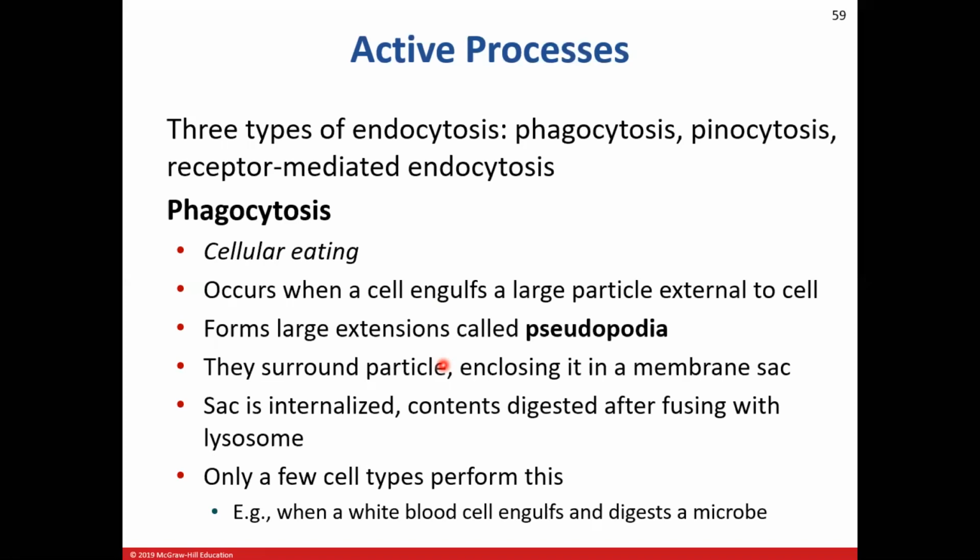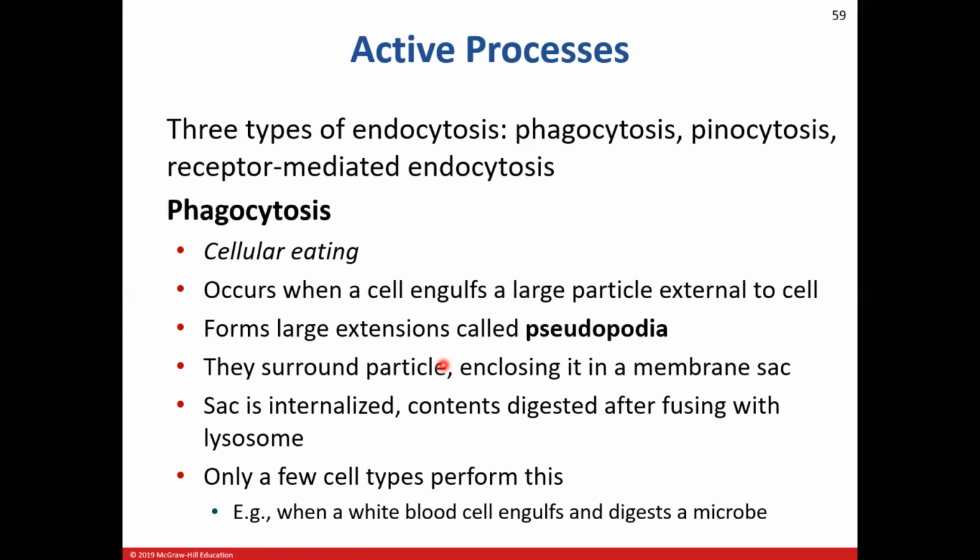What we see is that the cell will actually create large extensions called pseudopodia. And so they're basically considered false feet. That's what pseudopodia means, false feet. They extend out, they surround the particle, and then they enclose it in a membrane sac.